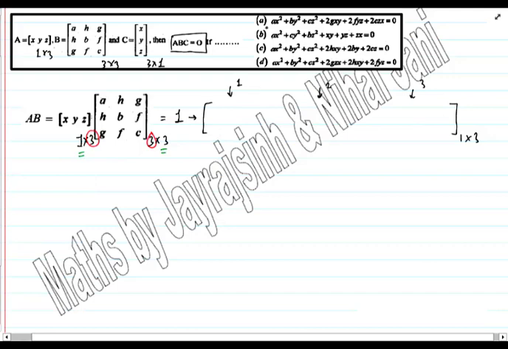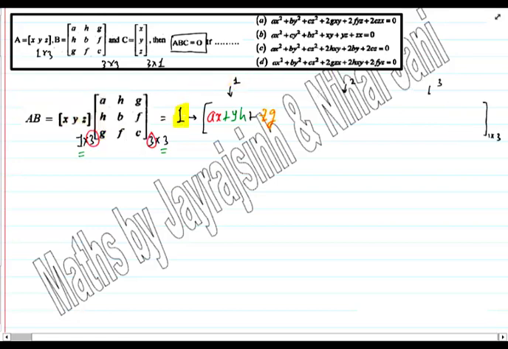So fatafat, let's find out the first element, which is in first row, first column, by multiplying the elements of the first row and the first column. X will multiply with A, giving us AX. Y will multiply with H, giving us YH, plus Z will multiply with G, giving us ZG.